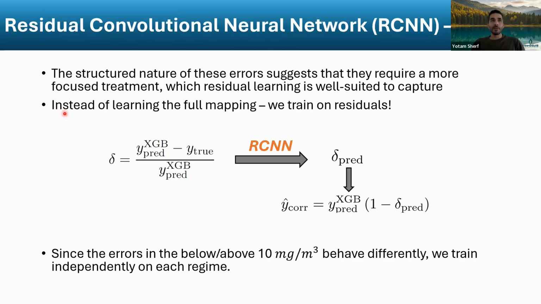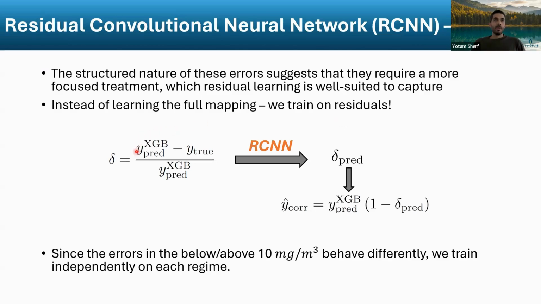Now, instead of learning the full mapping, as in the XGBoost regression, where we train the data on the chlorophyll-a and retrieve the predicted chlorophyll-a value, we train it on the residual. And why can we do this? Because we now know we have the predicted chlorophyll-a value from the regression, and we can train it on the residual compared to the in situ value.